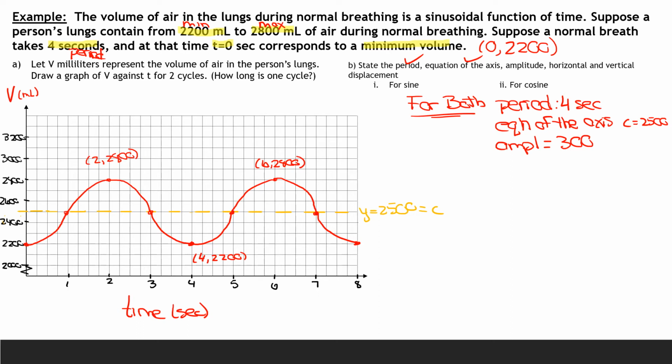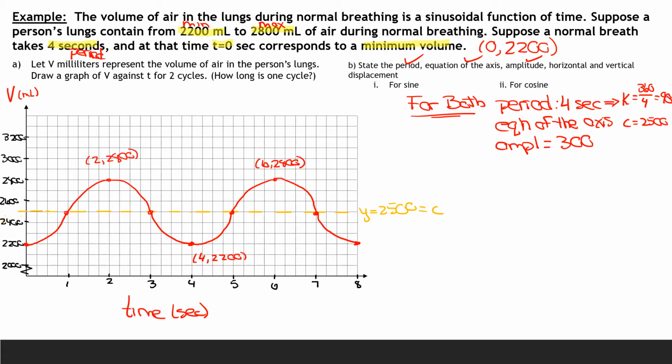I'm just going to go back up to the period here. The period is 4 seconds, so I'm going to get a K value out of that. K is equal to 360 divided by the period. 360 divided by 4, so our K value is 90.